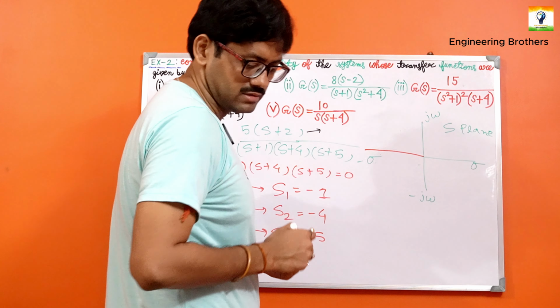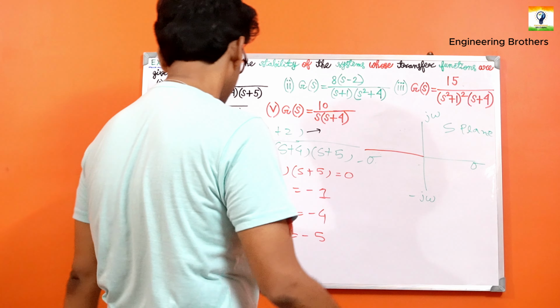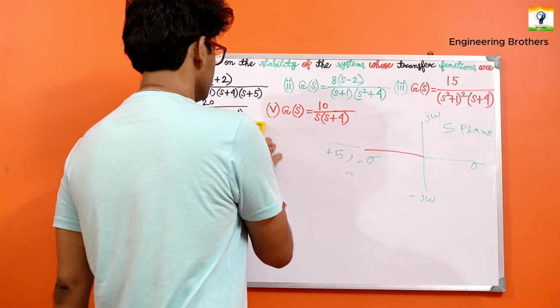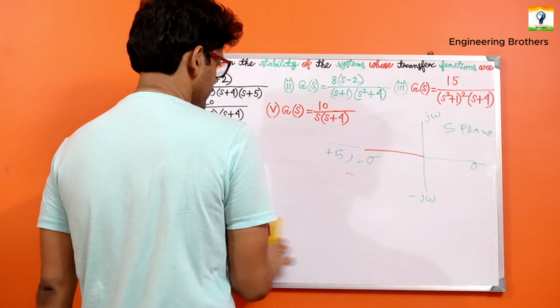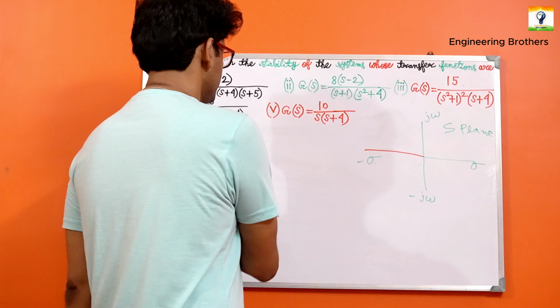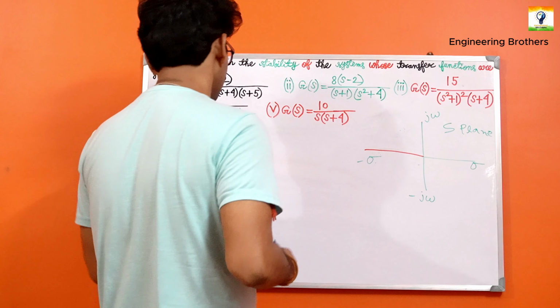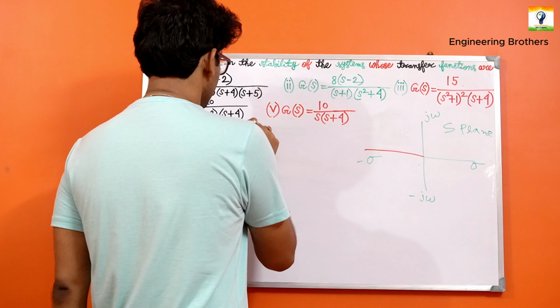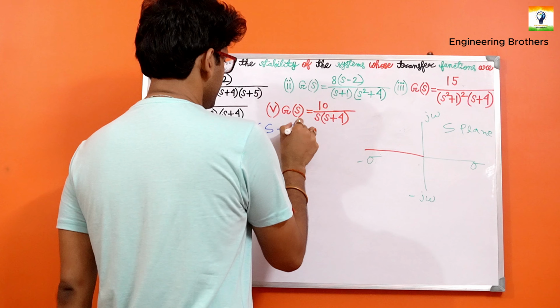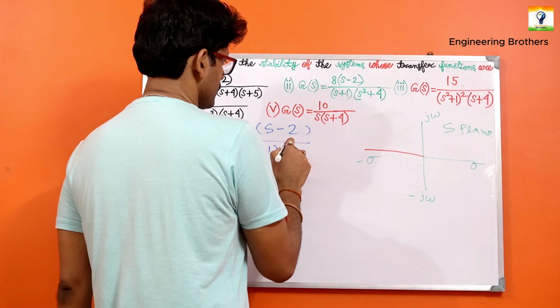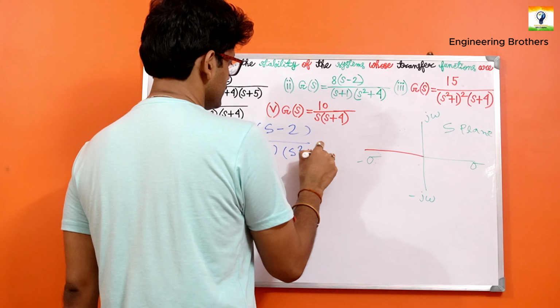Now let us say, in this case, our transfer function will be quite naturally this one. Our next transfer function will be 8 (s minus 2) over (s plus 1)(s square plus 4).